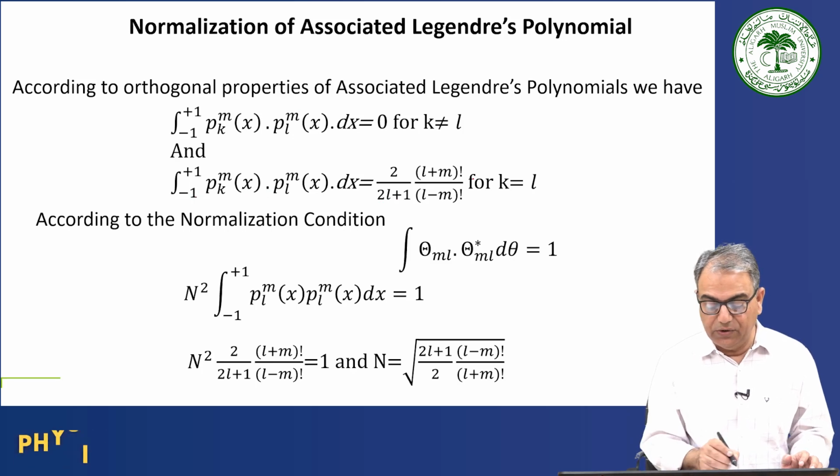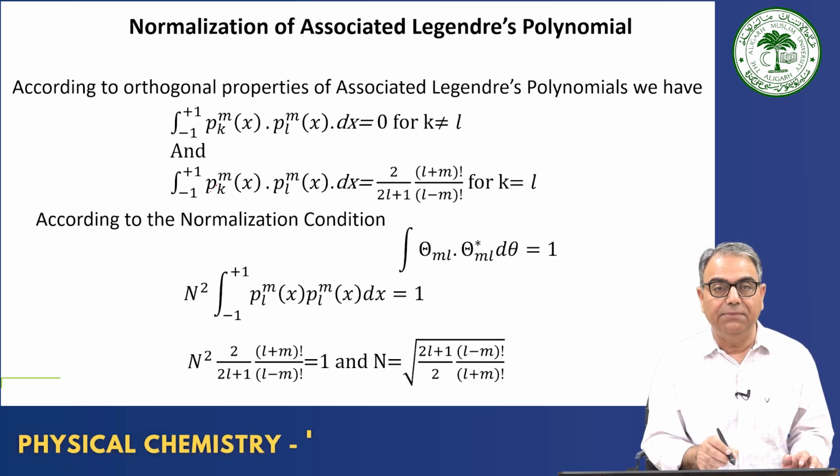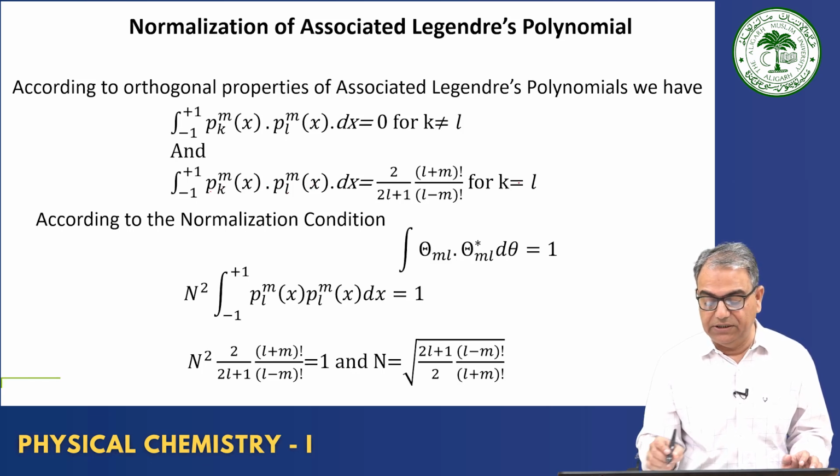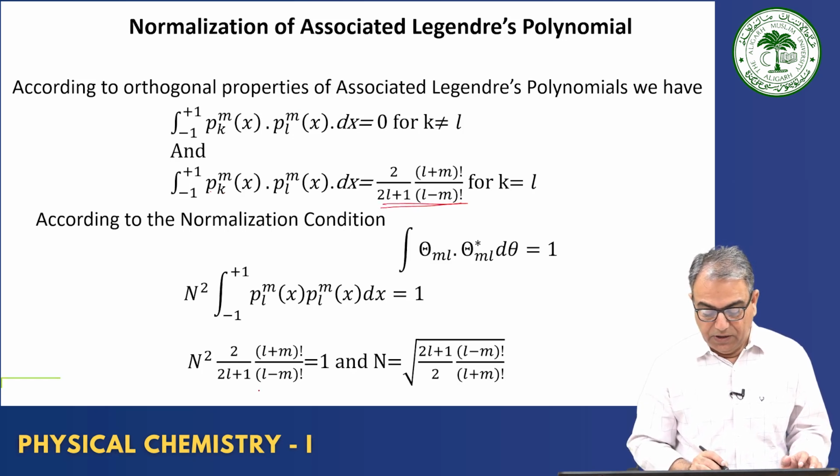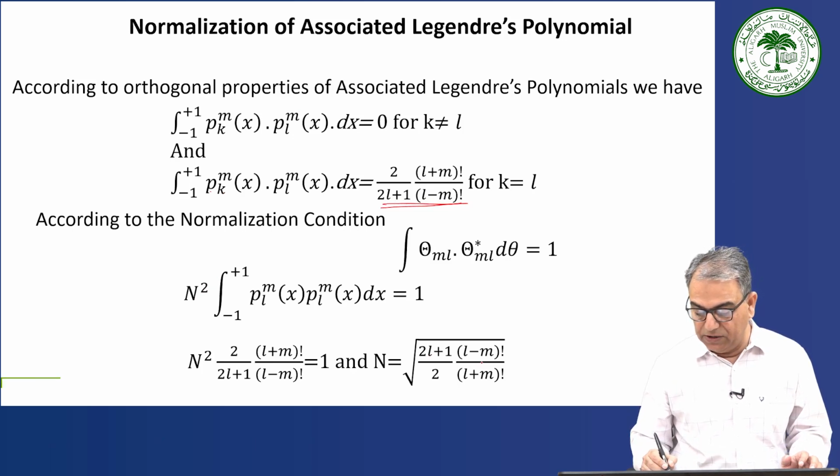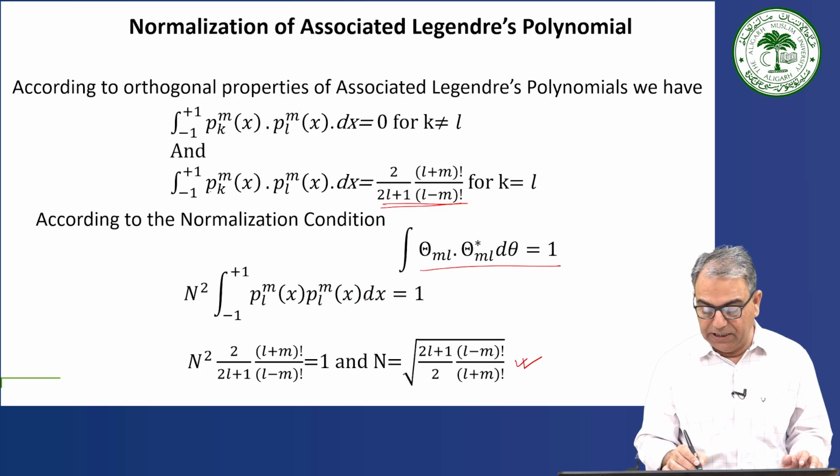If k is equal to L, then both functions are the same, and this is the normalization condition, and this is the value which comes. So if you find the normalization constant, it comes out to be 2L plus 1 divided by 2, times L minus m factorial over L plus m factorial. Very simple. This is the normalization condition, and you put this value for the integral of PLM(x) PLM(x) dx.